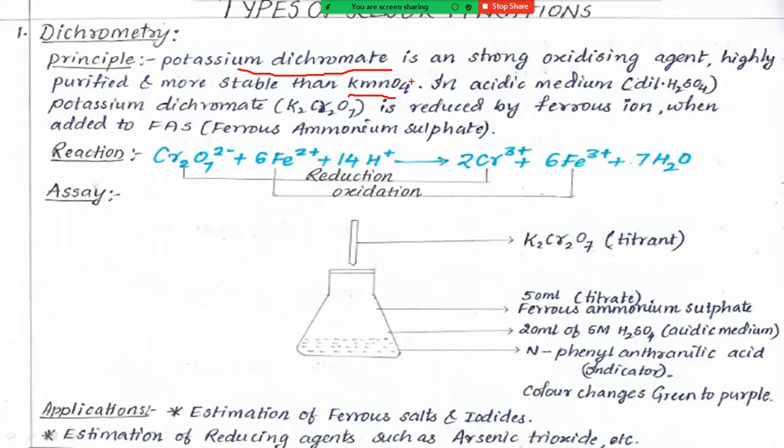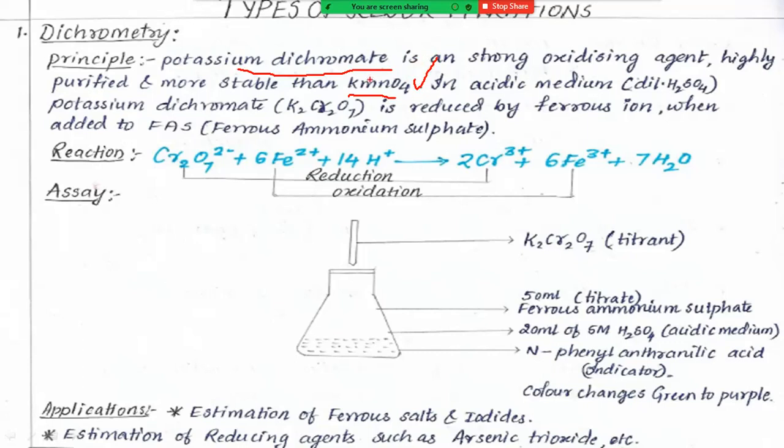So due to the higher reduction potential, potassium permanganate has more oxidizing property. It acts as a stronger oxidizing agent than potassium dichromate comparatively. But both are strong oxidizing agents only. In these two compounds, potassium permanganate is the stronger oxidizing agent.